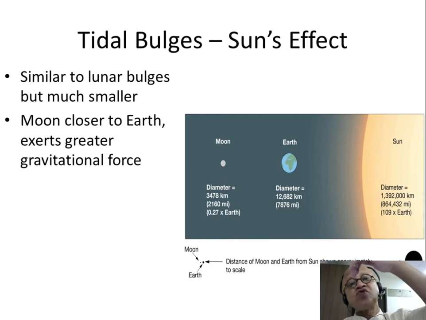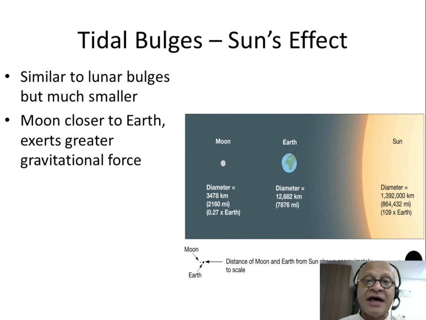But if the moon gets over on the other side and happens to be on the same side as the sun, then the two tidal forces are going to add up. So obviously we will get constructive and destructive interference of the tidal forces by the sun and the moon. And that's going to give us very large tides and very small tides based on when they're in phase and when they're out of phase.